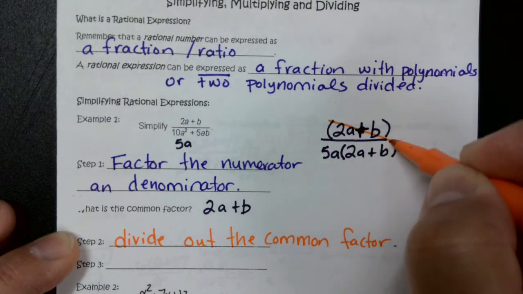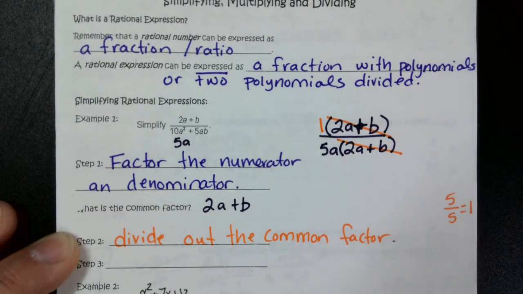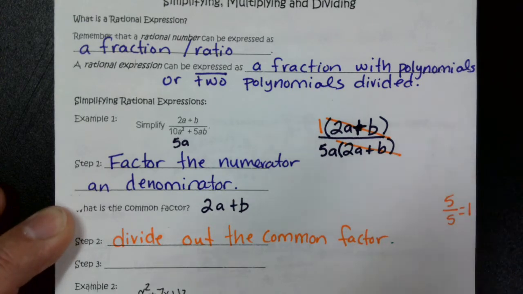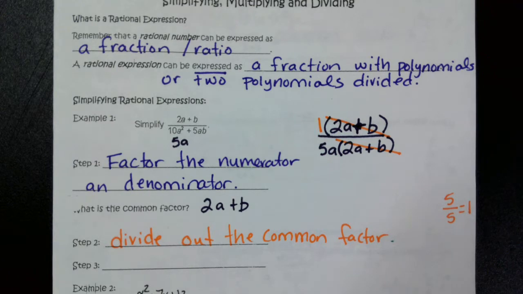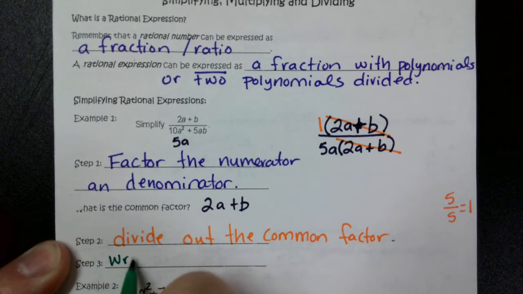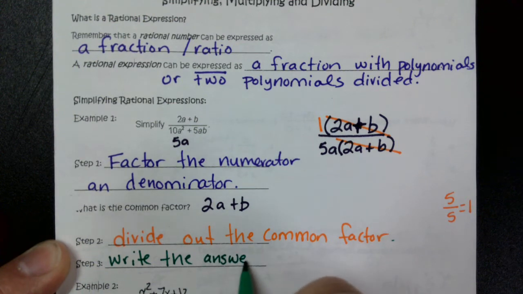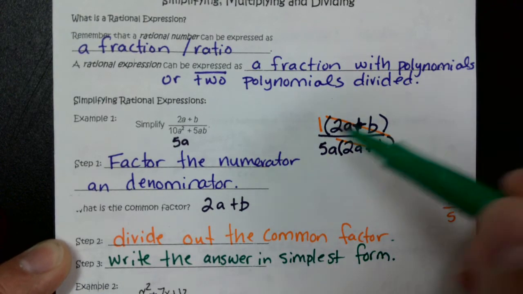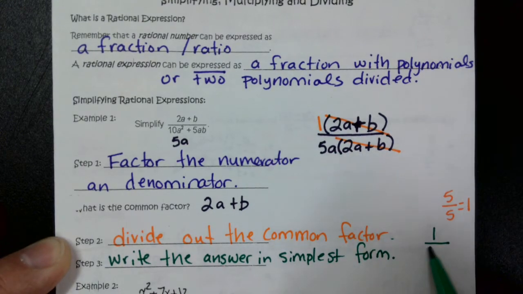So 2a plus b divided by 2a plus b is going to be 1, and they're not there anymore. So the last step is to write the answer in simplest form. So what do we have in the numerator? A 1. What do we have in the denominator? A 5a.